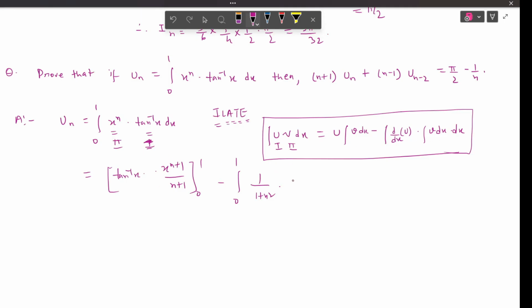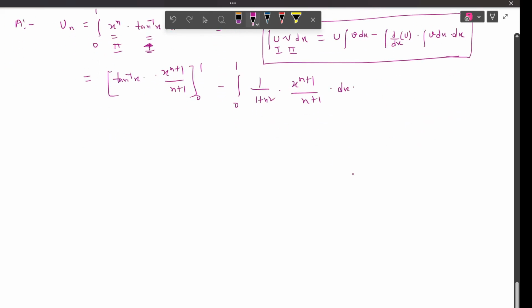This is this thing, x to the power n plus 1 by n plus 1 into dx. So let's move forward. If you put 1, tan inverse 1 is pi by 4, and here you will get 1 to the power something, that is 1 by n plus 1. So you have pi by 4 into 1 by n plus 1, and if you put 0, tan inverse 0 is 0. So the whole thing would be 0.